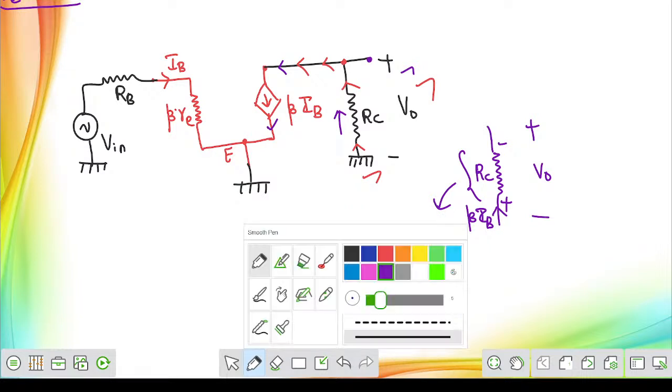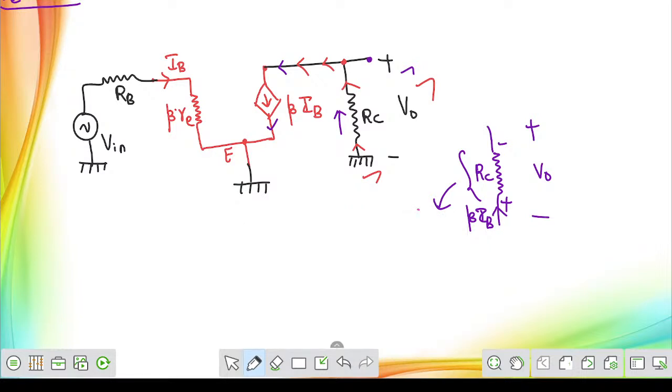From the mathematical derivation of Ohm's law, I can say the voltage drop across this resistor can also be written as current flowing through the resistor into the value of the resistor. Now if you observe, this is nothing but voltage drop, and this voltage can also be written as V0.